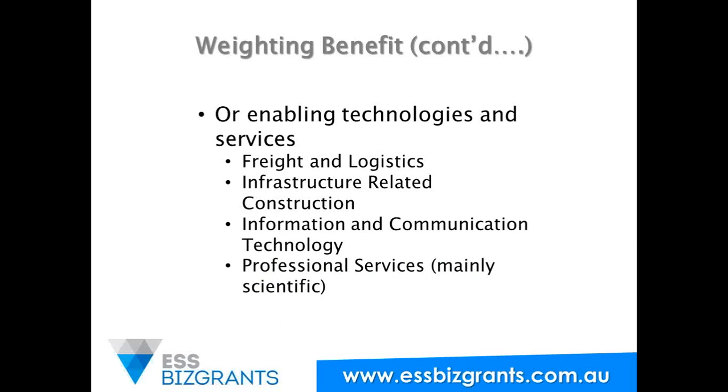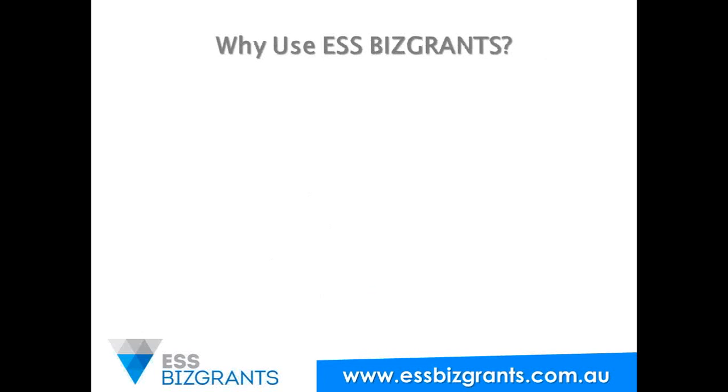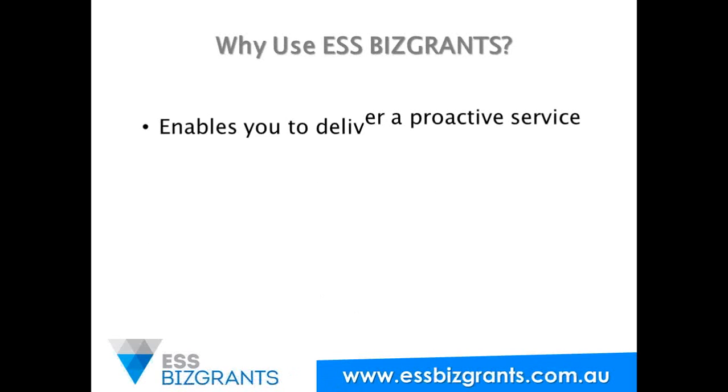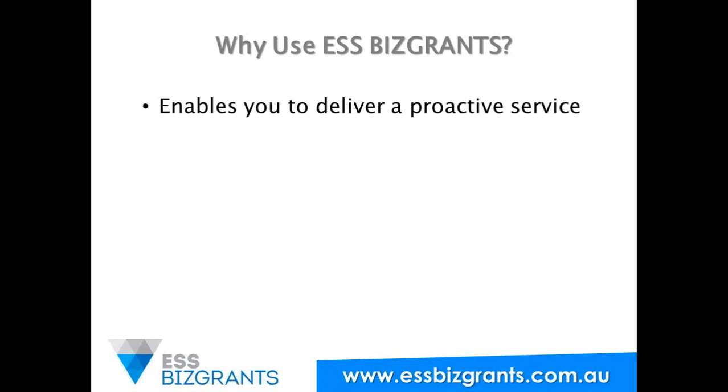So that's the overview of the Accelerating Commercialisation Grant. Within ESS BIZTOOLS we have a paper on how that grant operates. It is the final grant of the Entrepreneur Infrastructure Program.